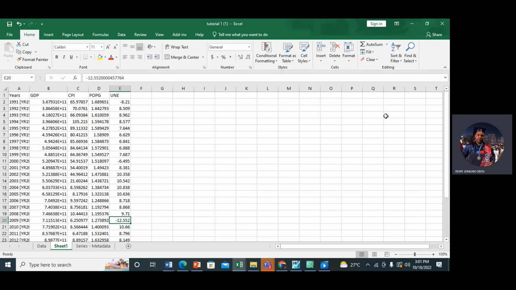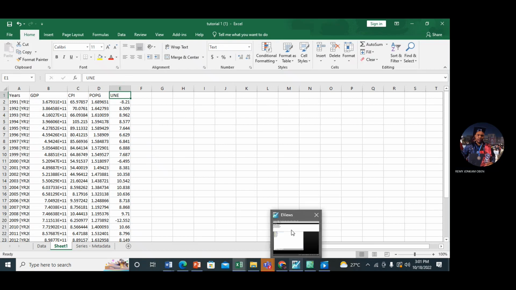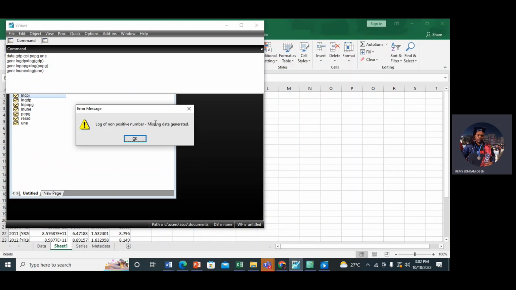So there are negative values in the unemployment series. So when we want to take the logarithm of unemployment, EViews tells us that we are going to have missing data because we are trying to take the log of a number which is non-positive, right? So if you click OK here, then you will have missing data.